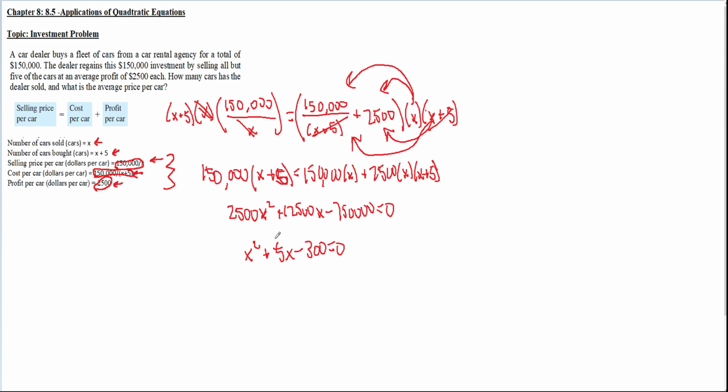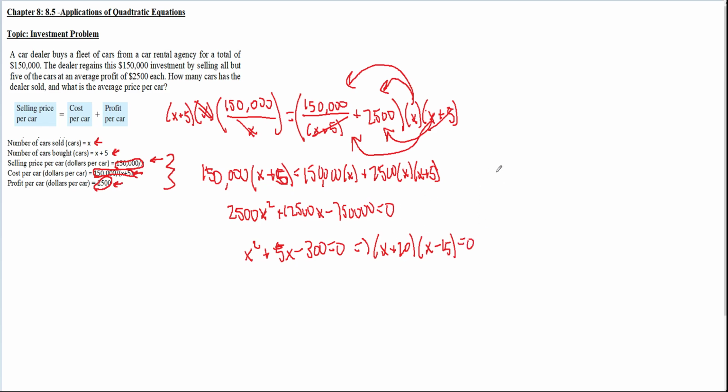And this is actually factorable, and the factors for it are x plus 20 times x minus 15 equal to 0.